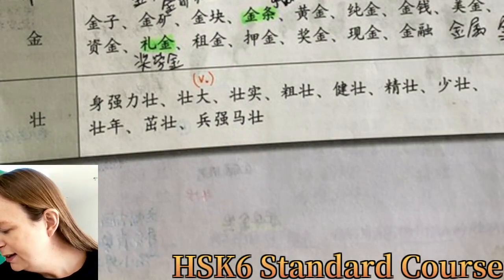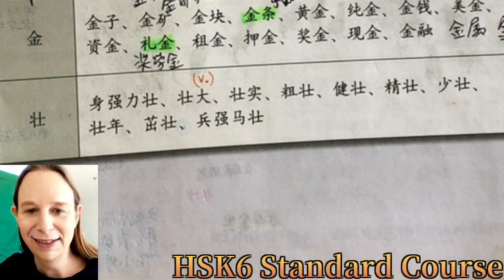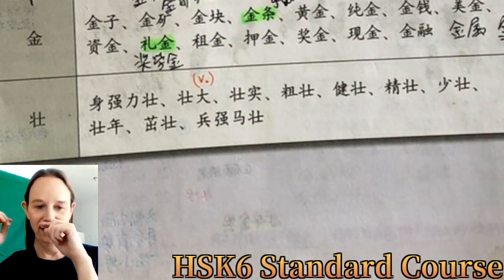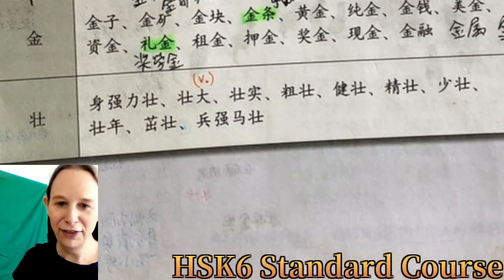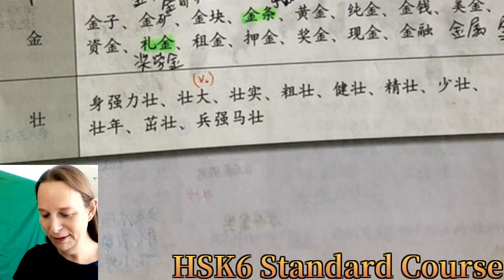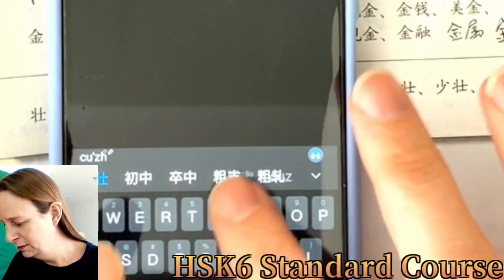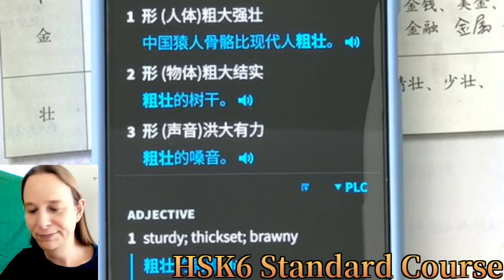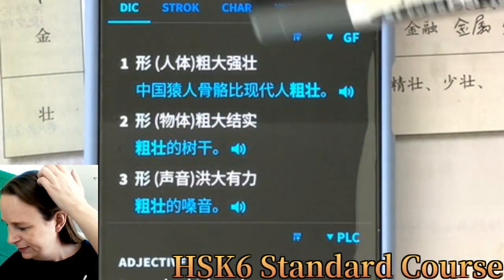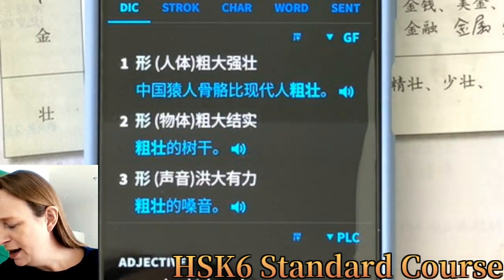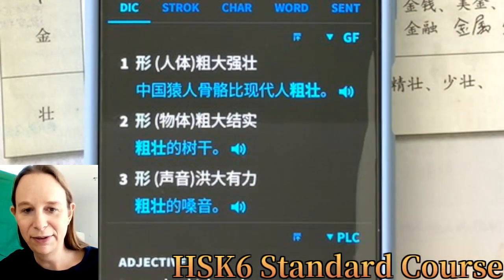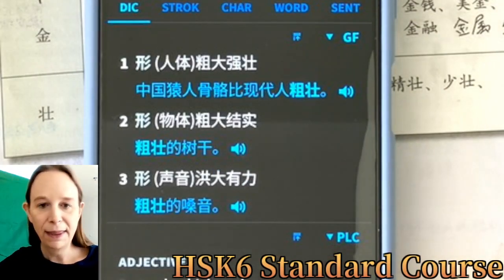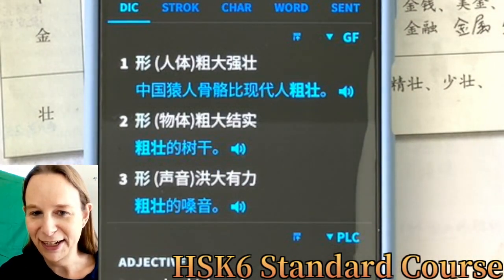粗壮. Oh, I don't know. 粗 means thick, right? Coarse. 粗, like with girth. 粗壮. Don't know about this one. 人体粗大强壮. So this is referring to a human body. In this case, 中国猿人. So this 猿人 is not an insult to Chinese people.